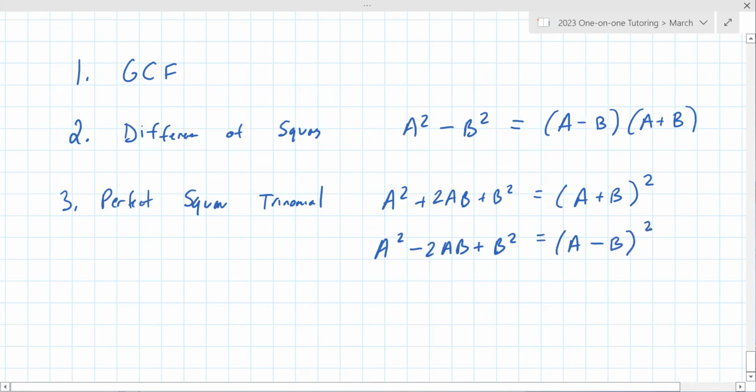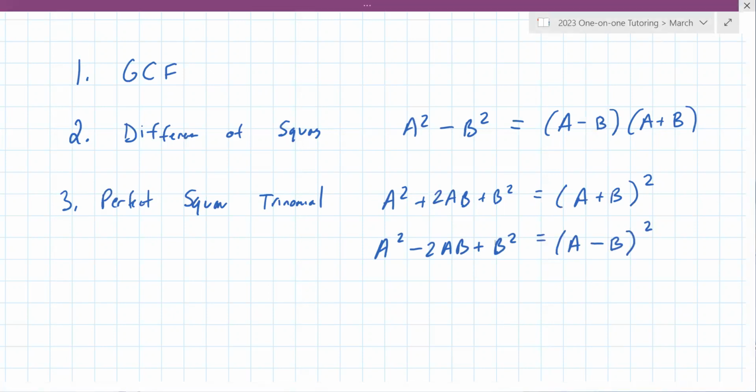It becomes a minus b squared like that. So the problems we've done tonight have all fallen under these three possibilities, but there are more, and that's where the challenge is.